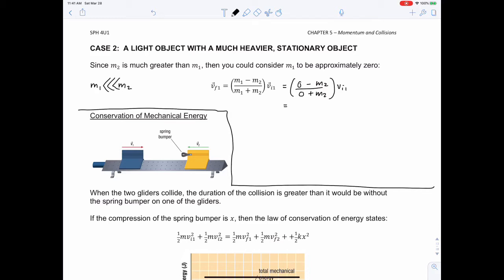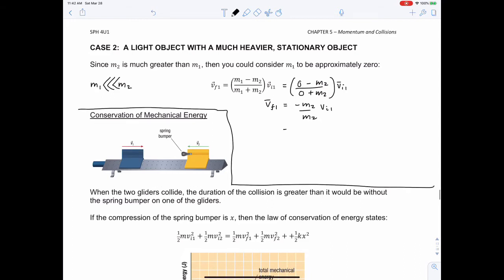Now let's simplify this. This ends up being negative m2 over m2 times the initial velocity of object number 1. m2 divided by m2 is just 1. So we end up with negative v initial 1.